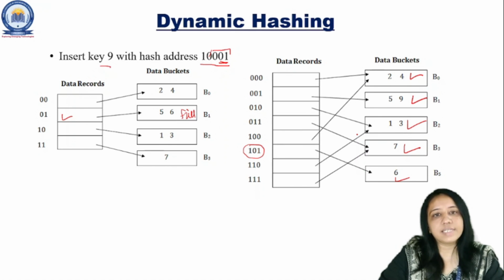So obviously it will take more time as compared to static hashing, but the problem of static hashing, that is bucket overflow and so on, is not going to be here. So these are the two types: static hashing and dynamic hashing.